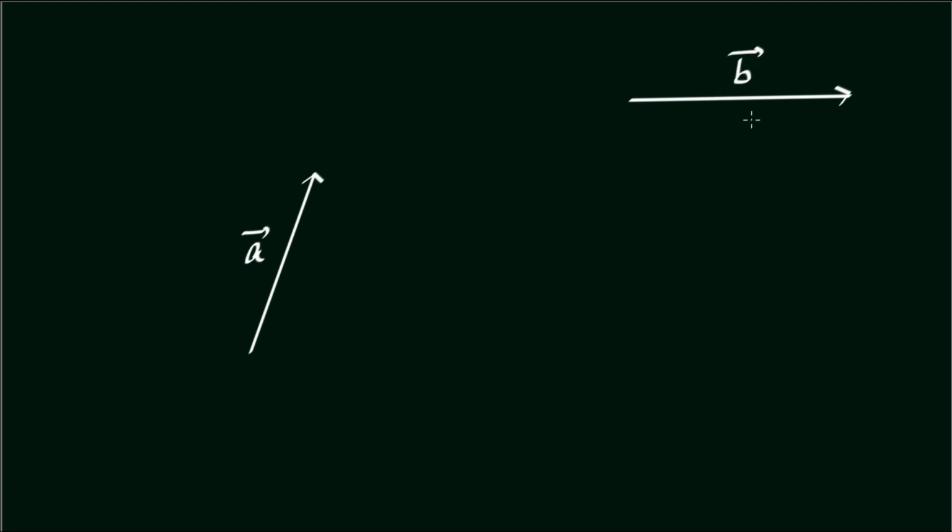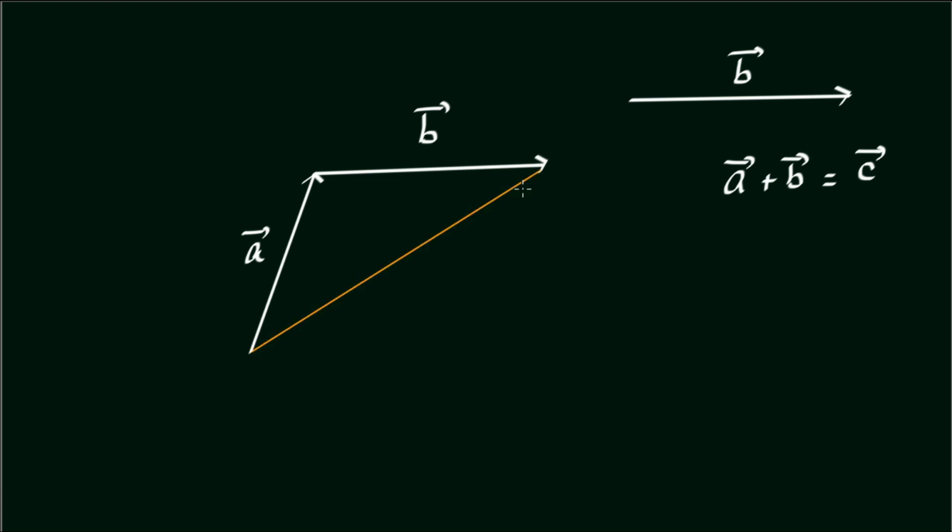I should slide vector B until its tail is touching vector A. So we have this vector B, and then the sum of the two, A plus B, let's call that C. Let me draw C vector for you. C vector is this vector drawn in yellow color, that is C.